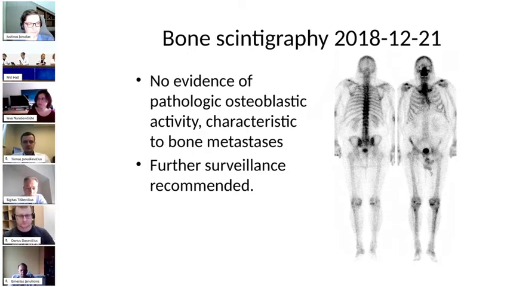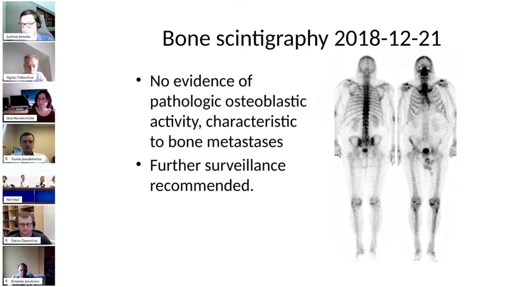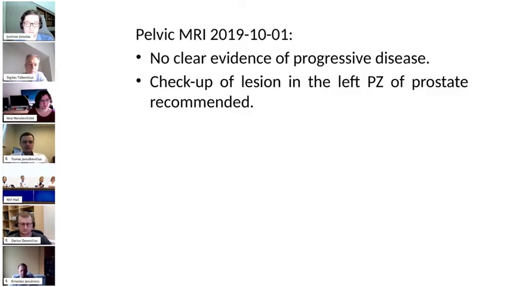Yes, we can see the report, but at this time point there were no lesions suspected for bone metastasis. After the bone scintigraphy, further surveillance was recommended for the patient, and a pelvic MRI was performed years later.